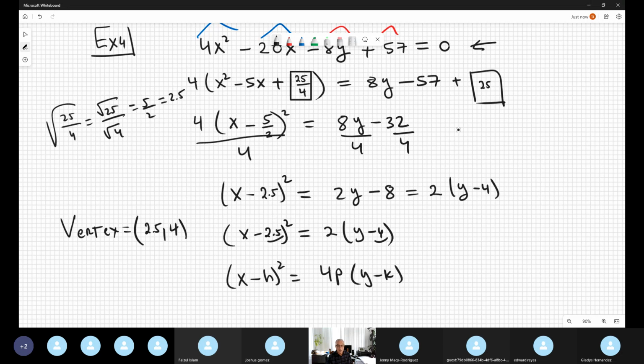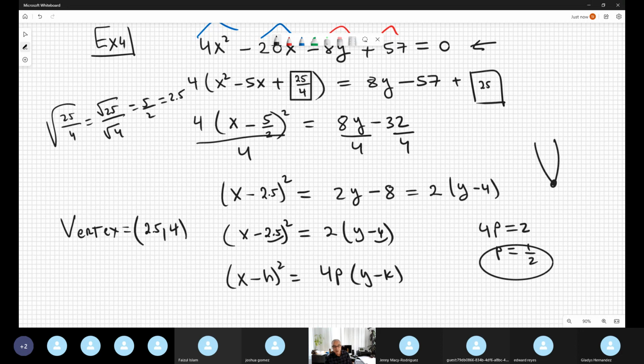And 4p is 2. Entonces p is equal to 2 over 4, que es 1/2. It's small. And I predict que ese es a little bit, you know, it opens upward because p is positive.